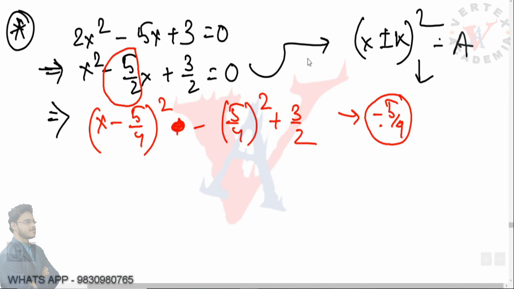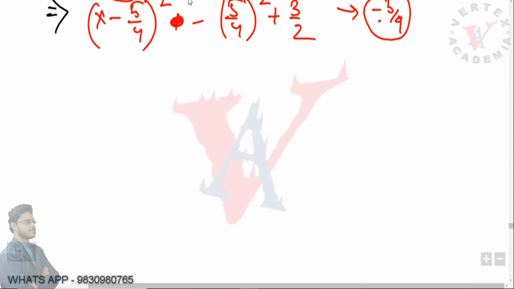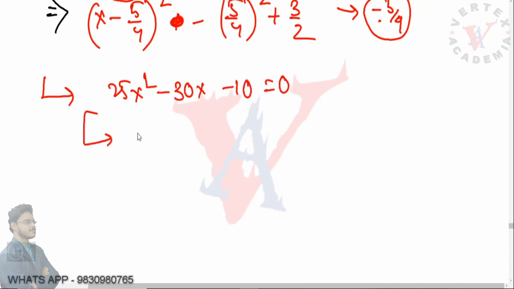Now let us take another example. What was the previous one? That 25x square minus 30x minus 10 equals 0. From here you get, after taking the coefficient common, x square minus 6 by 5x minus 2 by 5 equals 0.